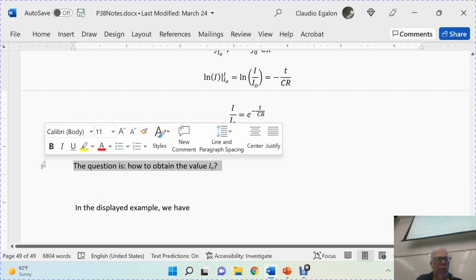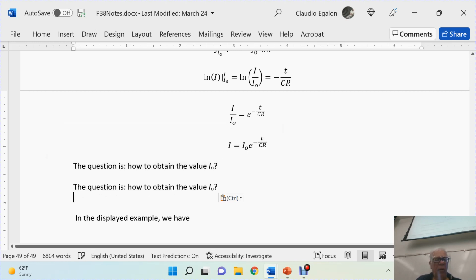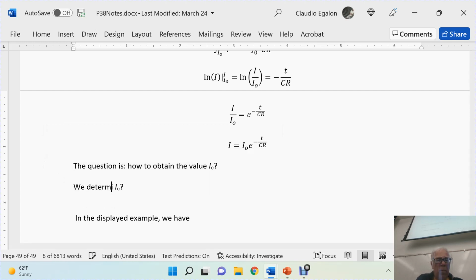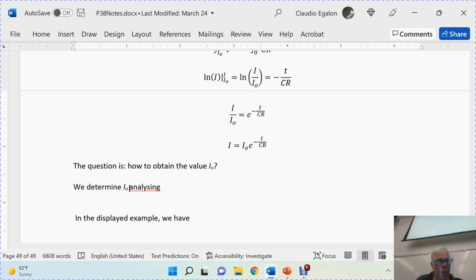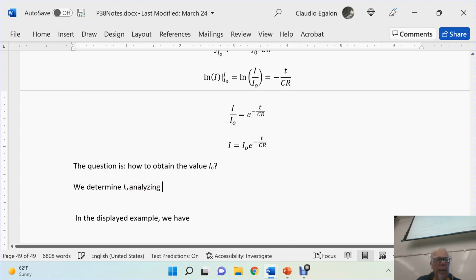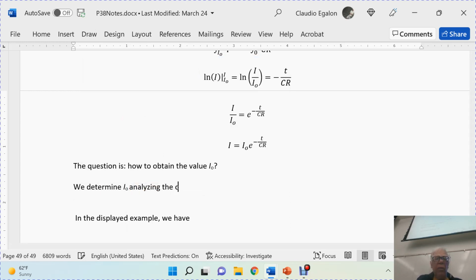Okay, so here we go. We determine I naught. The way we do it is the following: we determine I naught by analyzing this circuit at t equal to 0.